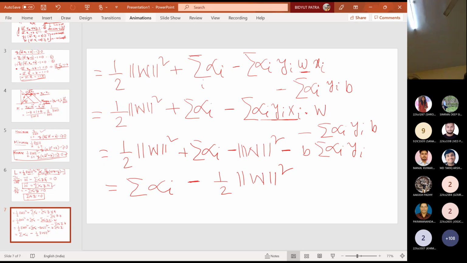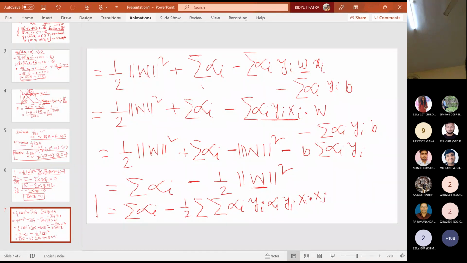Okay, now you put this value of w back. So summation over alpha I minus half of summation, where w is nothing but alpha I yi xi, so we have alpha I yi xi and then the other w, alpha j yj xj, so xi dot xj.